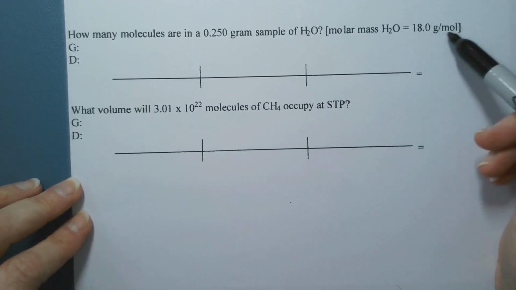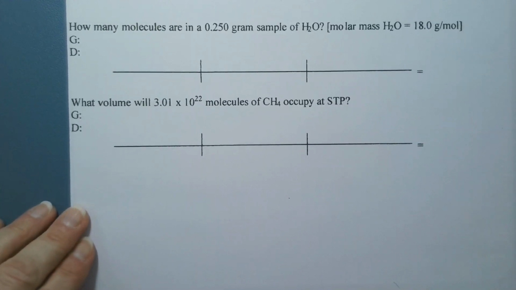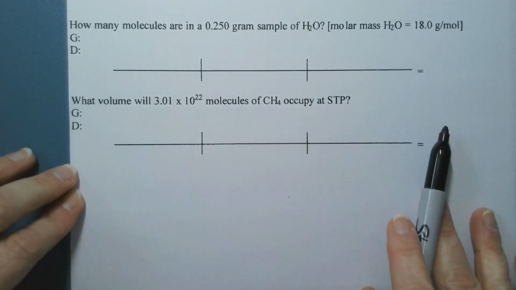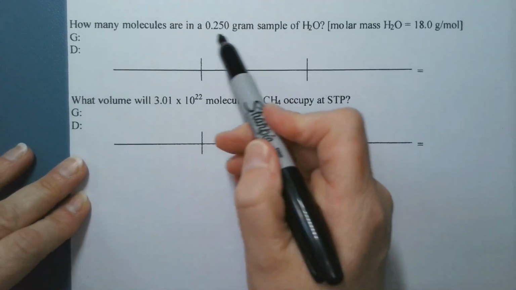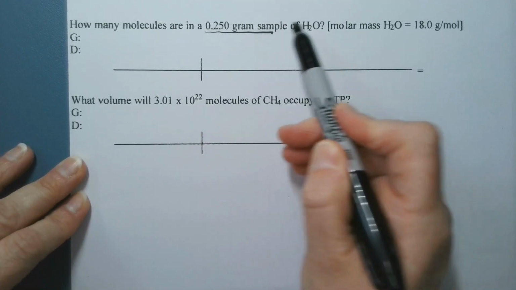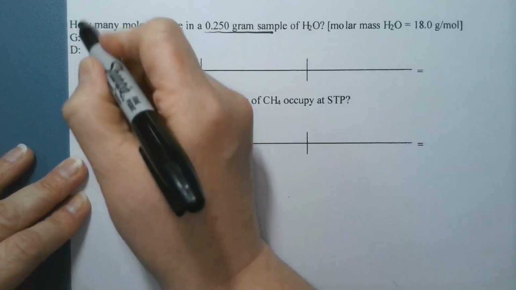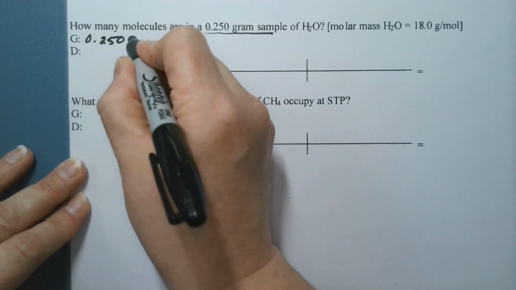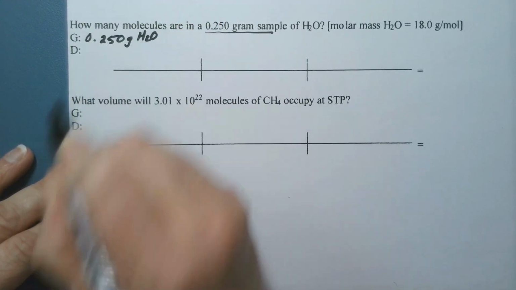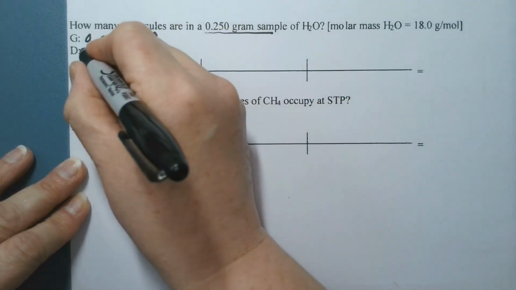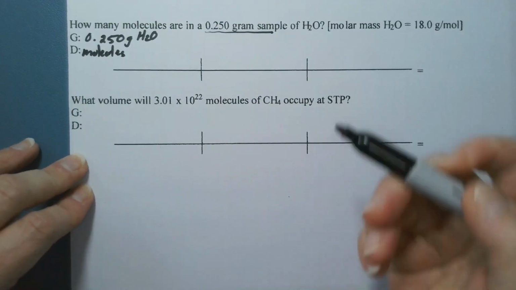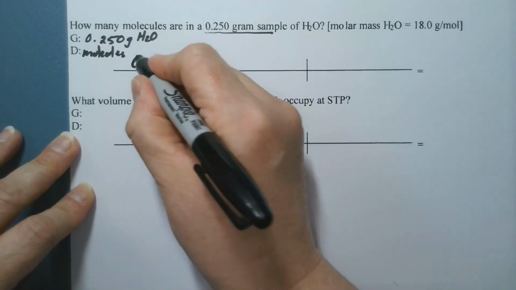And they gave us the molar mass. It's nice when they do that. Saves us a little bit of time. Okay, and so here they didn't put anything out for us to start. So again, we want to write what's given. So we're given 0.250 grams of water, okay, and they want us to find molecules. Okay, now we're going to start with what's given.